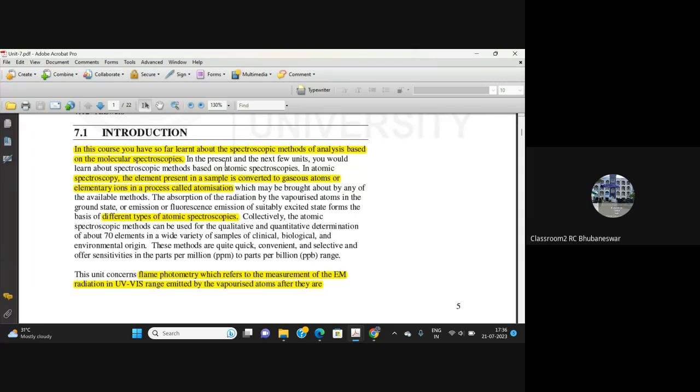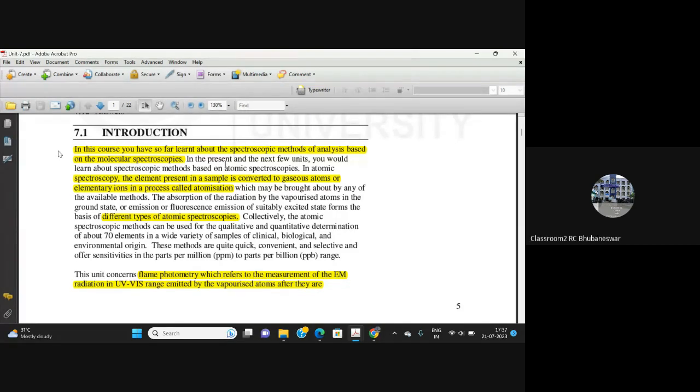If you understand from the beginning, it will be very easy for you in the subsequent classes. All spectroscopic methods are unique because they are designed so that you get good intensity peaks as well as a good signal to noise ratio.